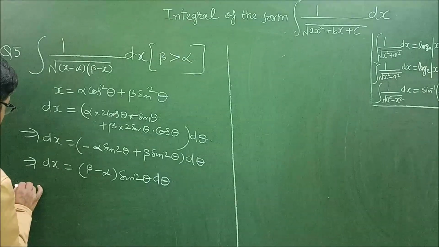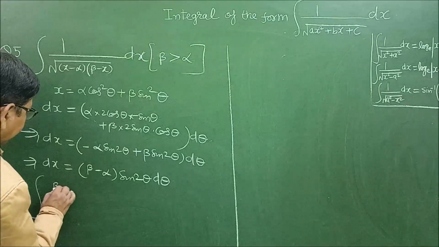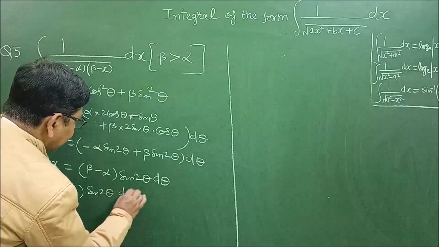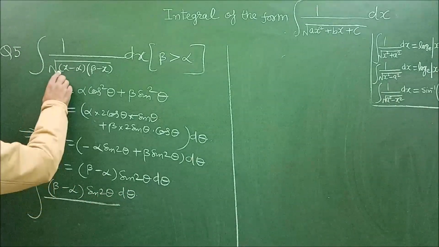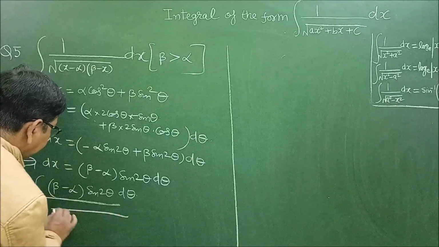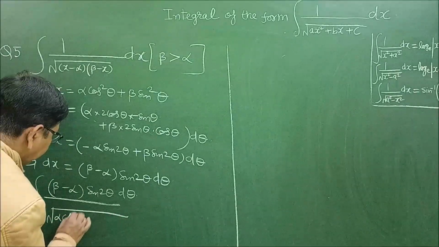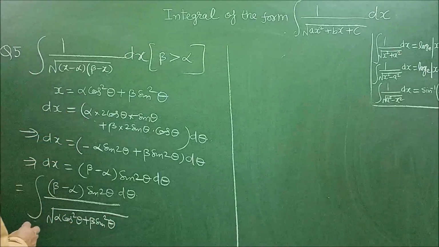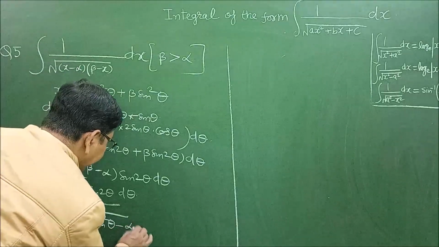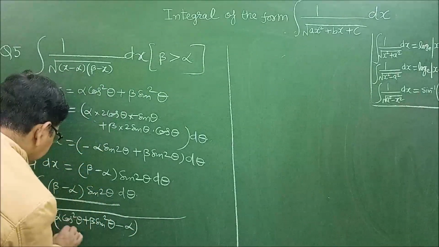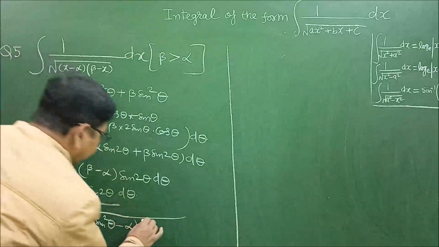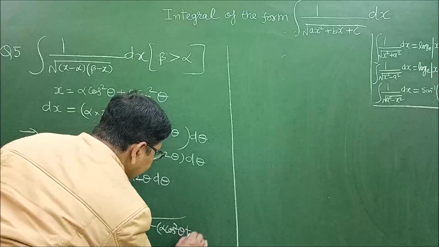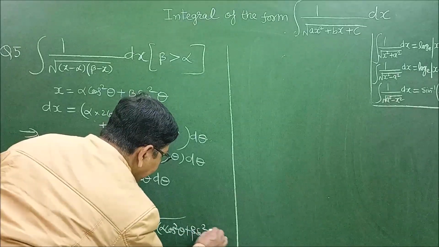So replacing dx by (beta minus alpha) sin 2 theta d theta, and here if we substitute x equal to alpha cos squared theta plus beta sin squared theta minus alpha, into beta minus (alpha cos squared theta plus beta sin squared theta).